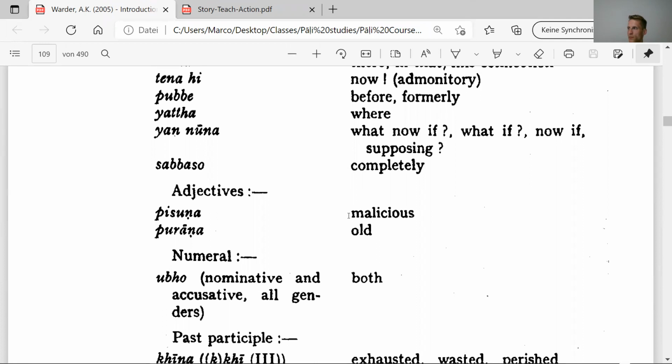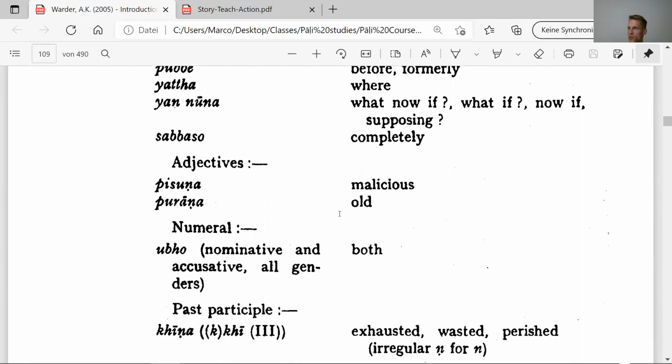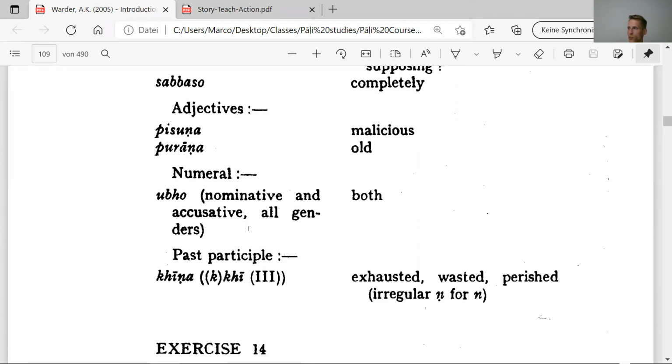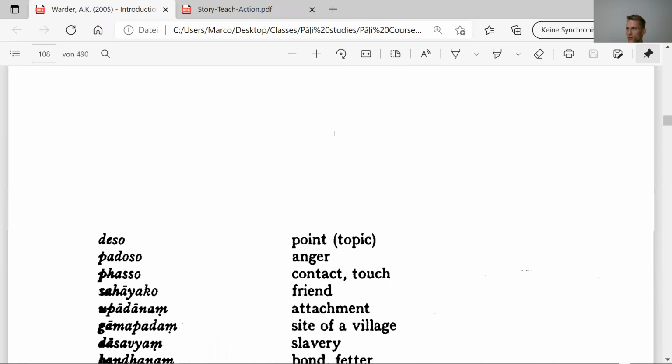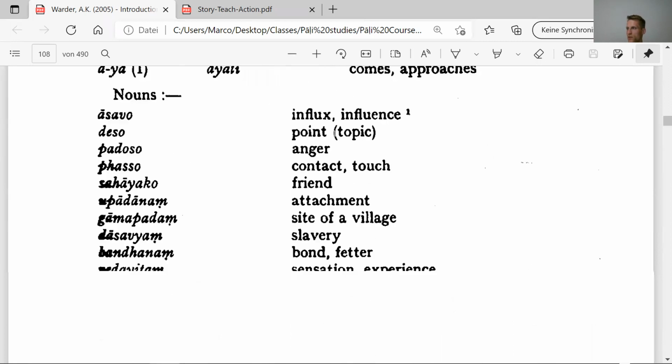Pisuna, malicious, for example, pisunavacha. Purana, old, and then numeral ubho, both, and past participle khina, exhausted, wasted, perished, for example, khinasava, describing a person who has exhausted all the influxes, the what were they called? Asavas, the influxes, yeah, influences.